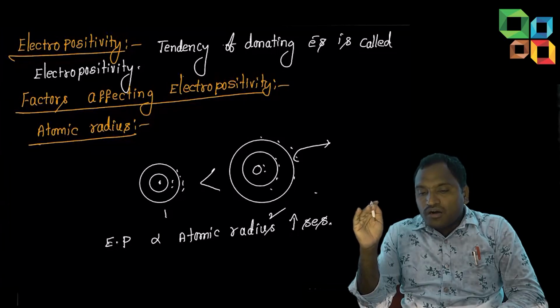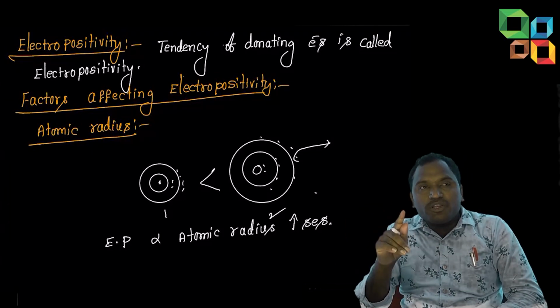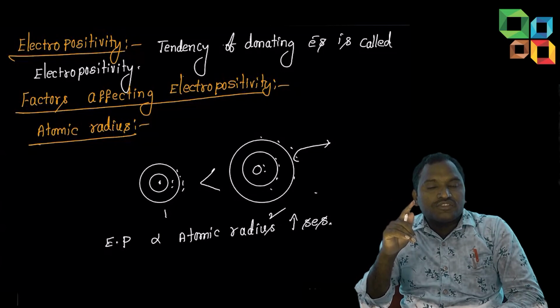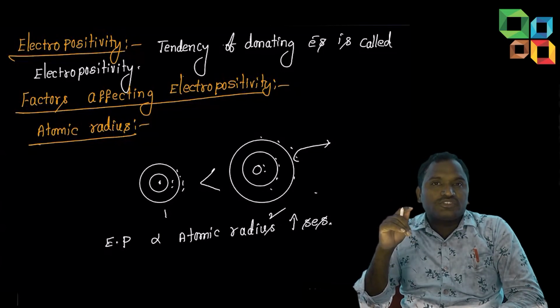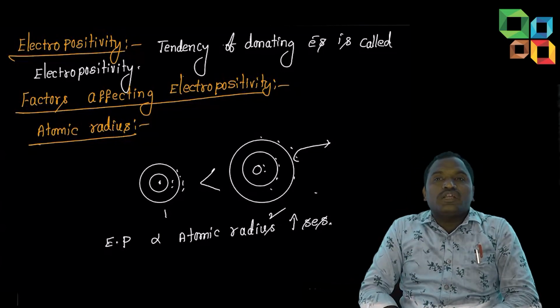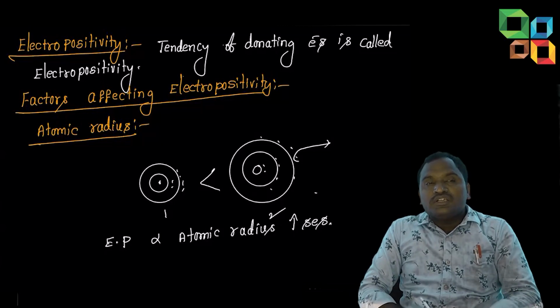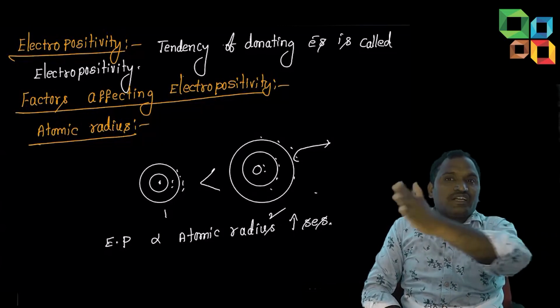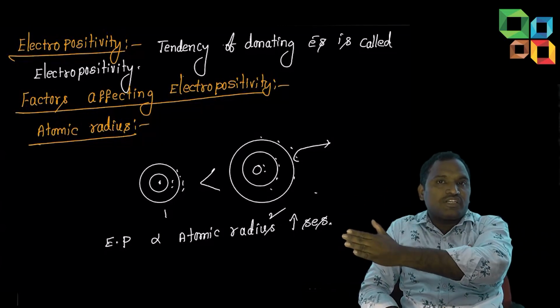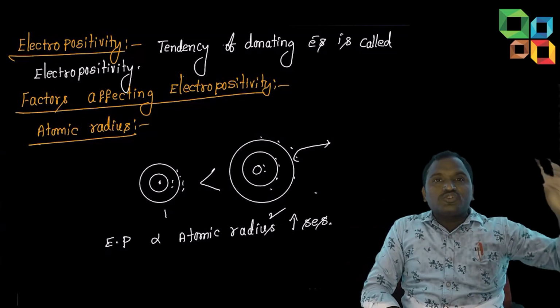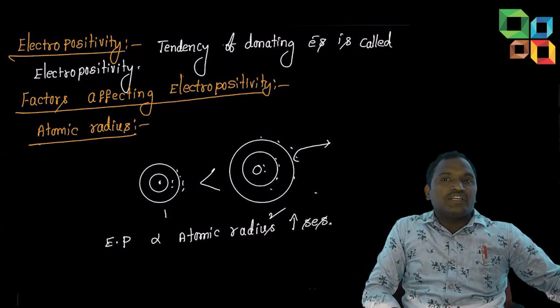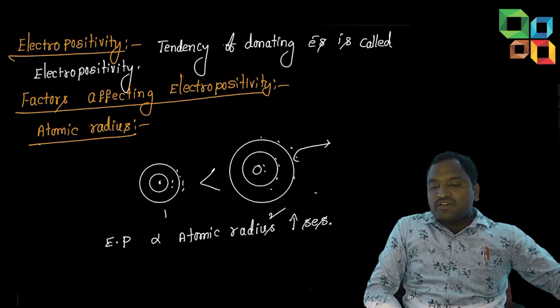So among all the group elements, first group elements are having large atomic radius, more electropositive character. The reason is from left to right atomic radius decreases. So first group elements have large atomic radius, so they are ready to lose electrons.